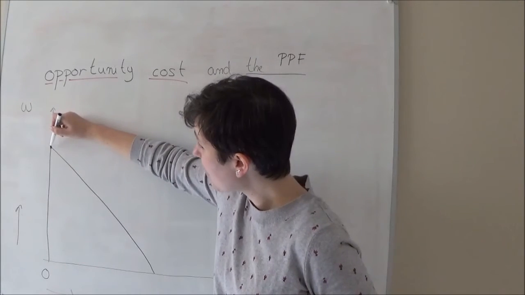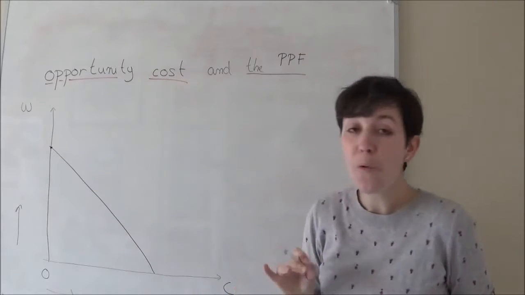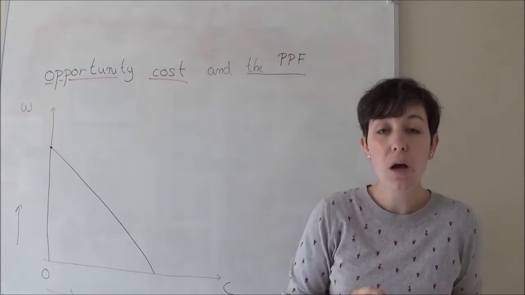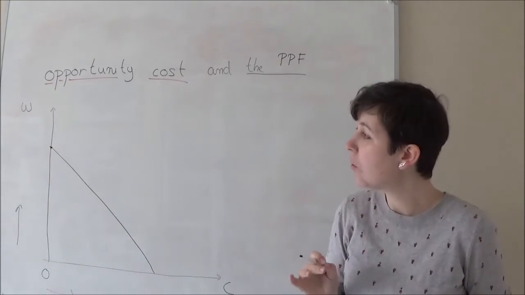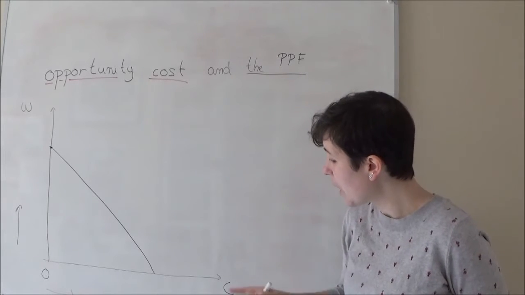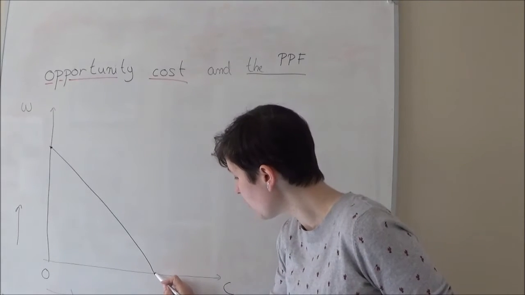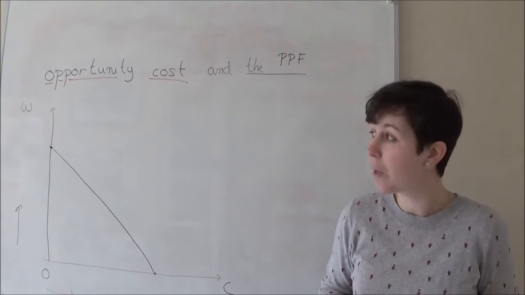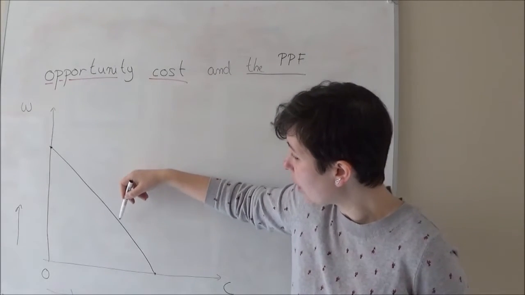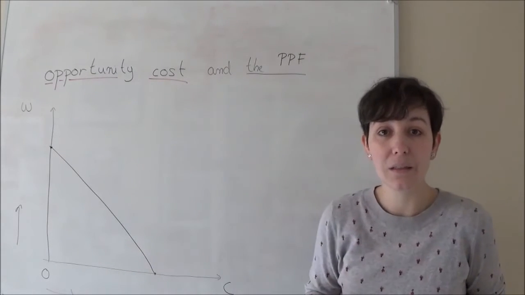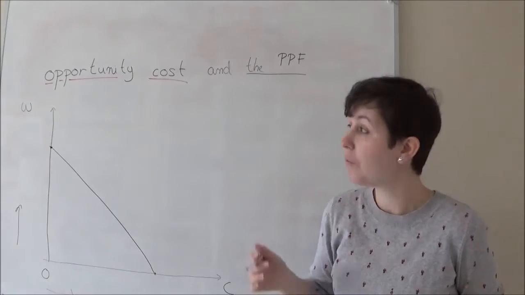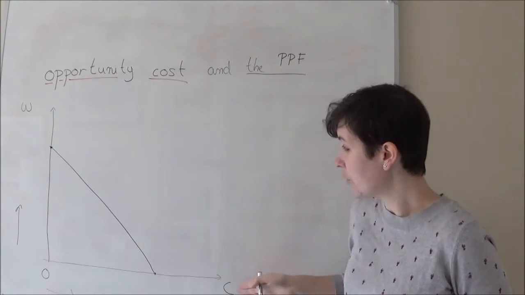So this is the maximum amount of wine when we are using the whole labor in that economy. And here we have the opposite case, when we are just producing cheese. Between these two points we have many other possibilities with different combinations of cheese and wine.